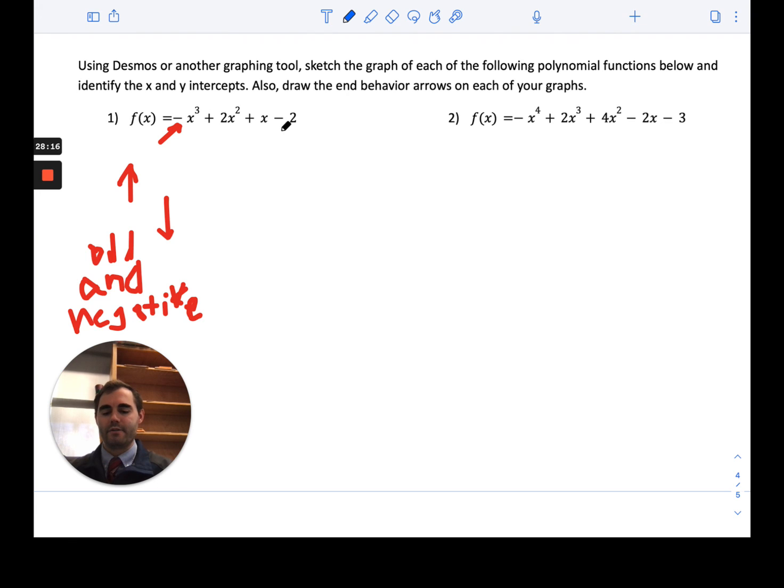Remember that it's just whatever we're adding or subtracting off at the end. So we know that our y-intercept is just going to be y equals -2. And then you might want to identify the multiplicity. Does it touch, bounce, or cross at those particular x values? You want to do that for each of the graphs here.